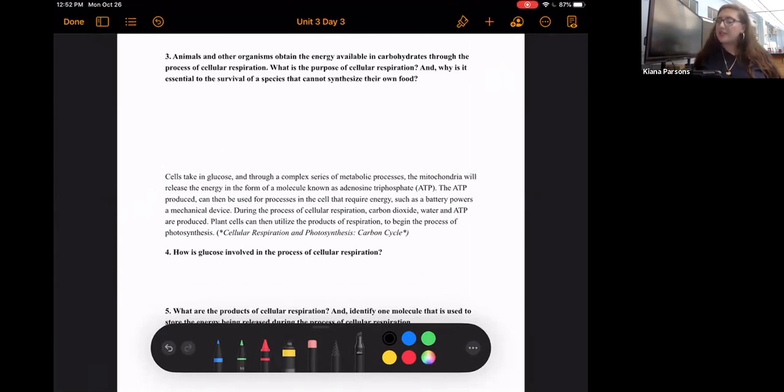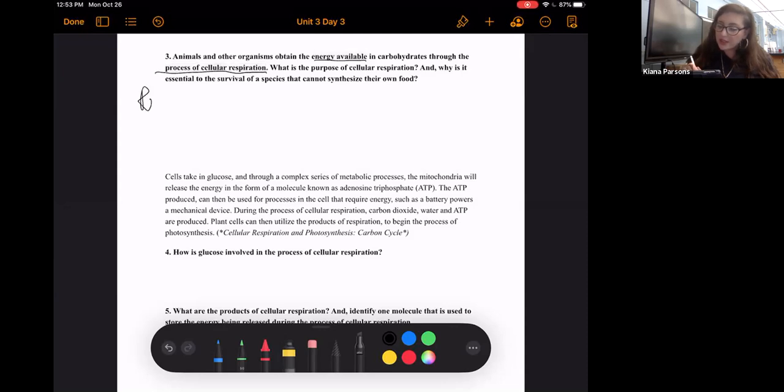What is the purpose of cellular respiration, and why is it essential to the survival of a species that cannot synthesize their own food? So we can utilize the energy available in carbohydrates through the process of cellular respiration.